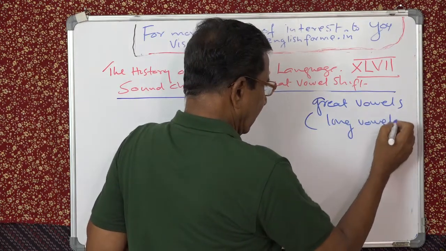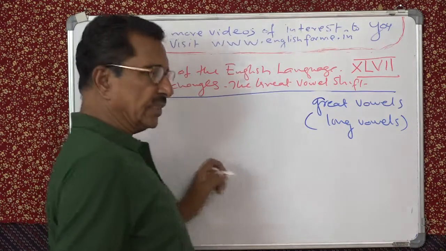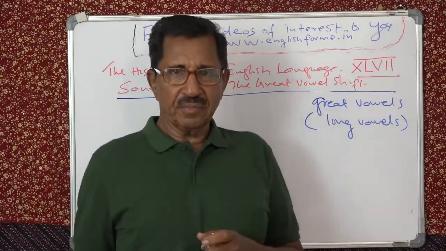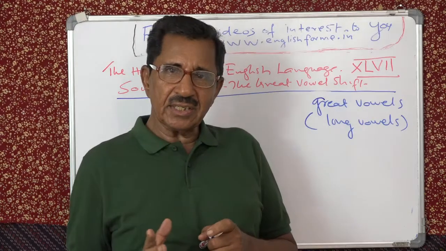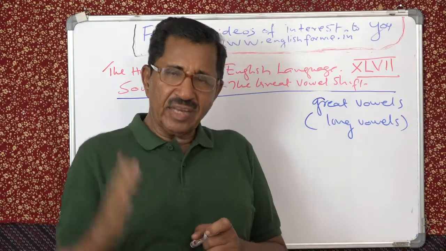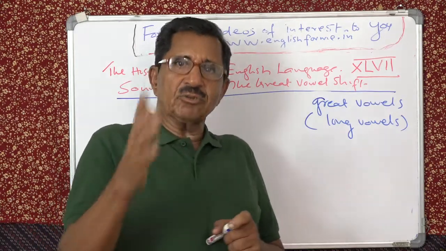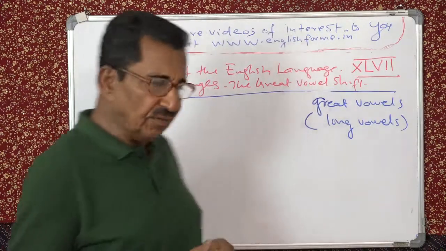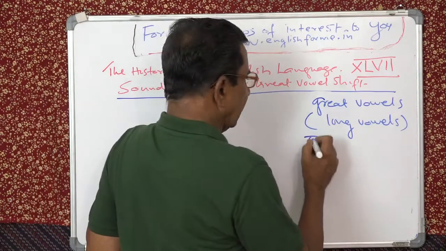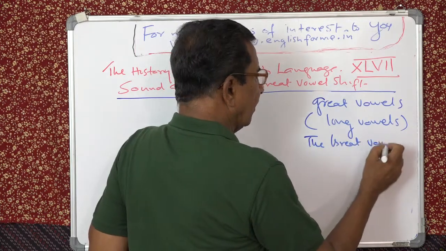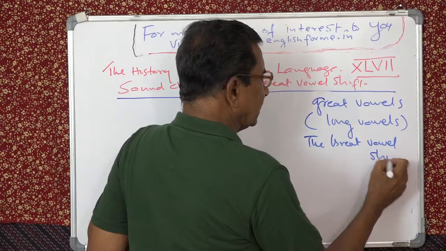They changed their pronunciation from Middle to Modern English. And this change of pronunciation that affected the Middle English long vowels is known as the Great Vowel Shift. Shift means change.